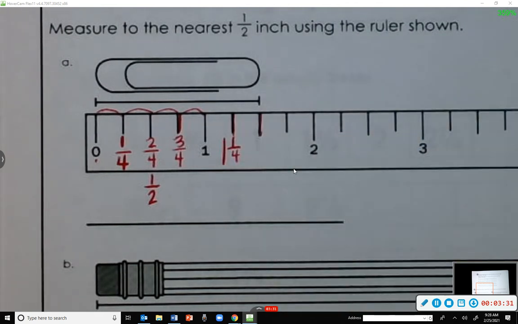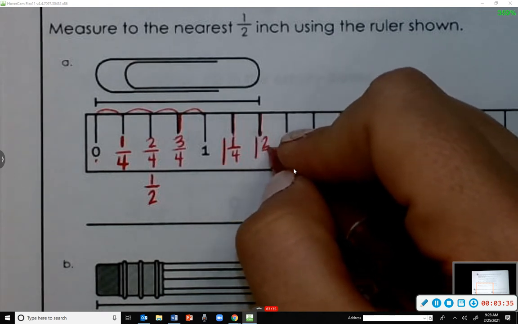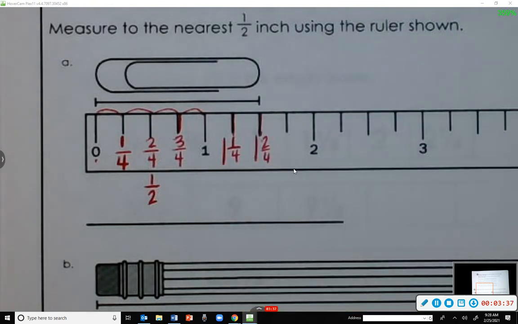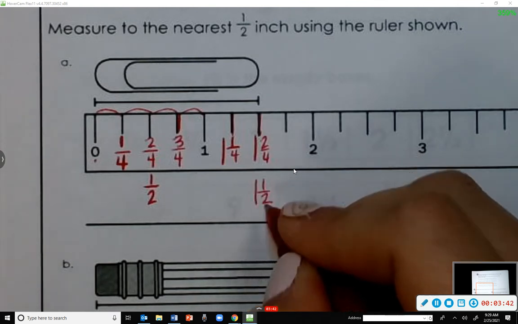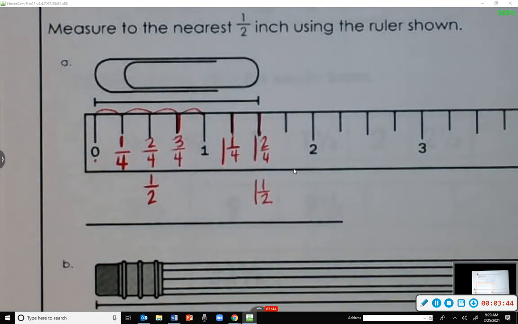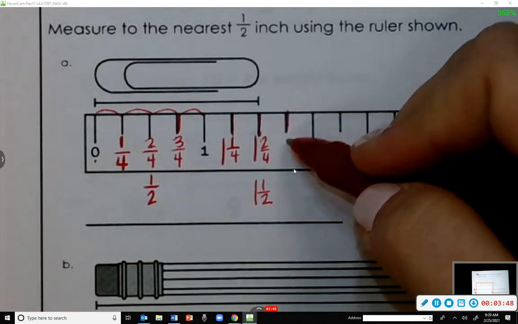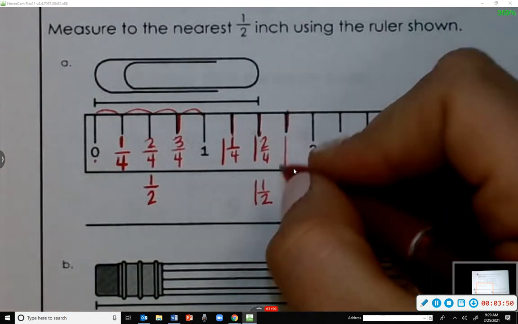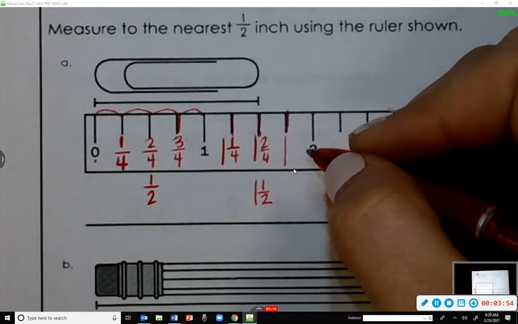What would come next? 1 2/4. Good. Or what else could we say? 1 and 1/2. Okay? This line would be 1 3/4.